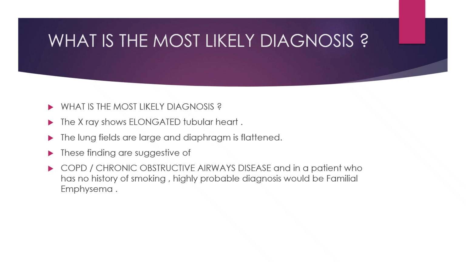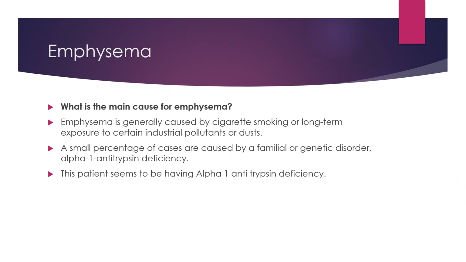Given that there are no risk factors, occupational or otherwise, most likely this patient has familial emphysema. We'll talk a little more about that in the next slide. So what is emphysema? Emphysema is generally caused by cigarette smoking or long-term exposure to certain industrial pollutants or dusts.